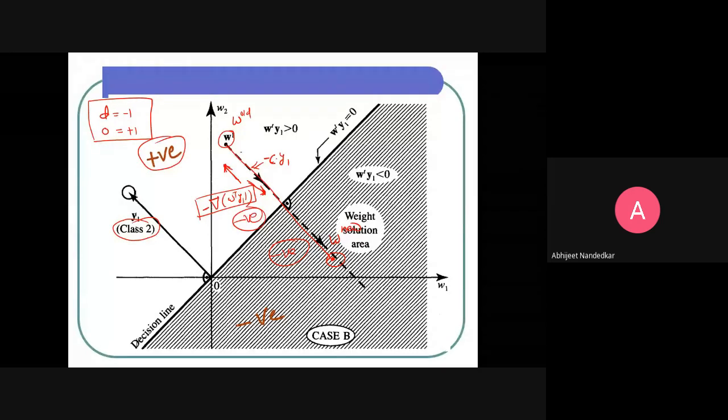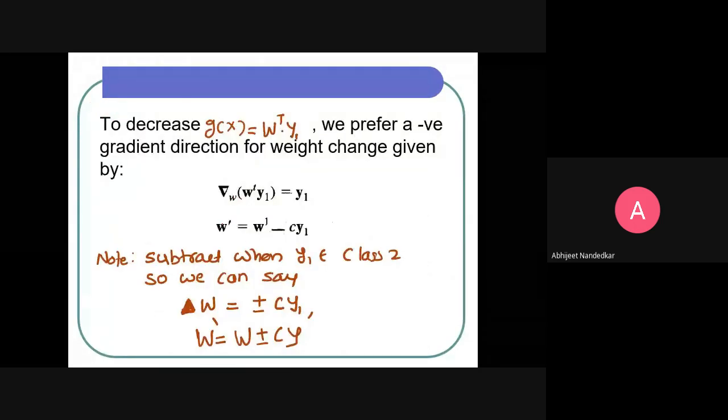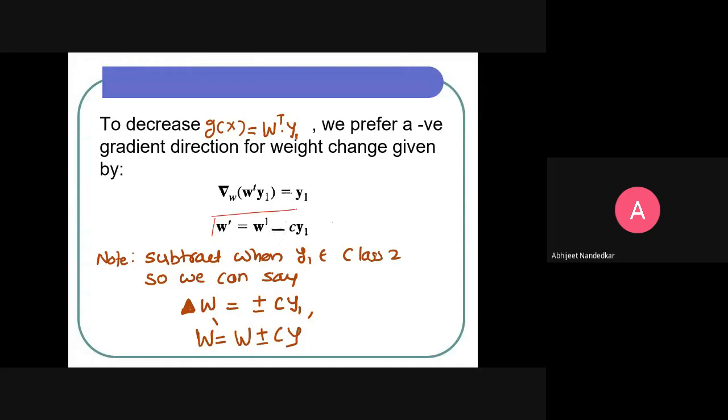So you will move in this direction. You can note down W new is equal to W old minus C Y1, when the desired response is negative and your output is positive.